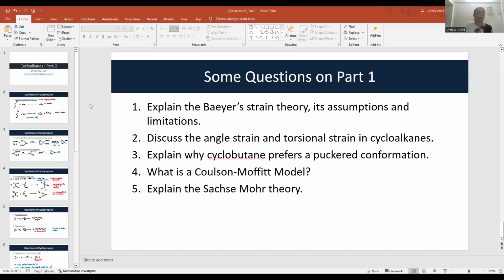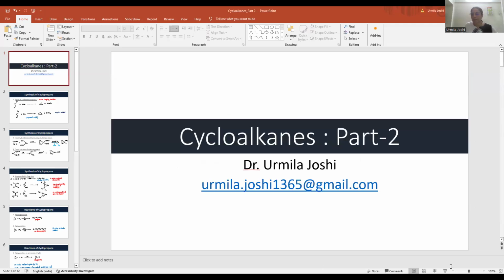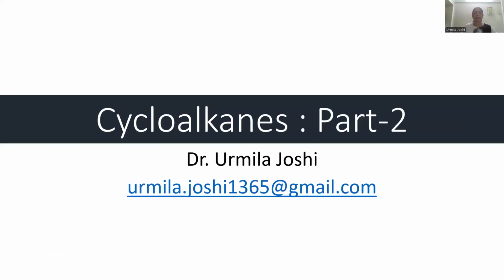So let us go to the content. This is cycloalkanes part 2. In cycloalkanes part 1, we had discussed the stereochemistry of cycloalkanes, mainly cyclopropane and cyclobutane, and some of the stereochemistry of cyclopentane.